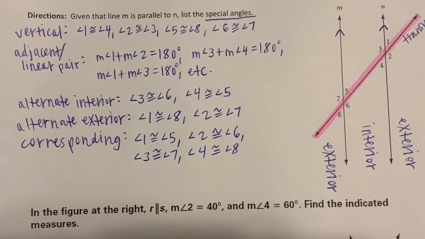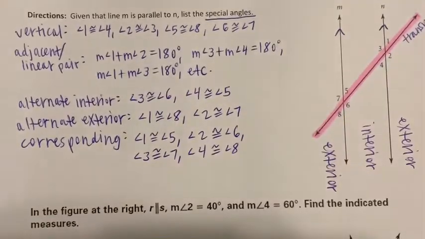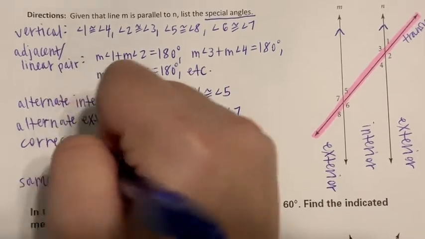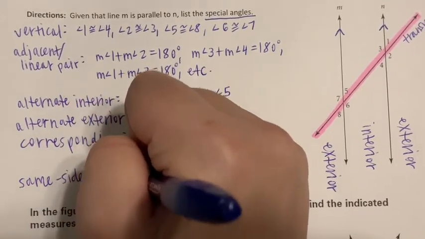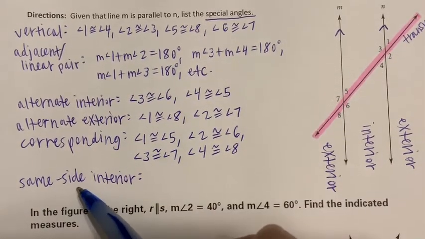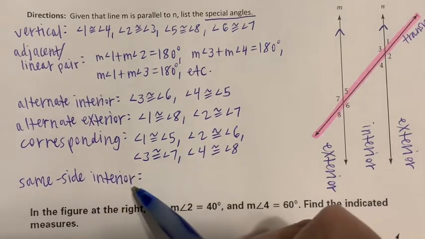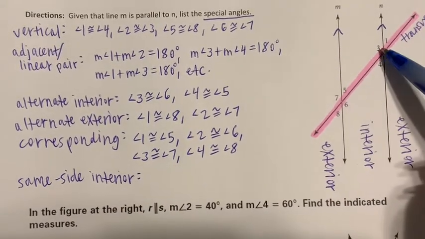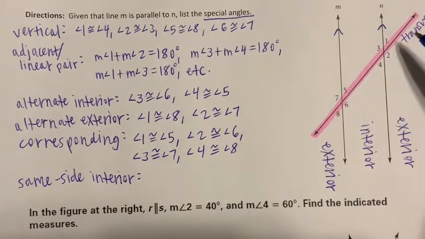And let's see, I think the very last type that I'm missing would be same side interior. These are angles that are on the same side of my pink transversal, and they're smushed in the interior region. So that would be like angles 3 and 5. But be careful, angles 3 and 5 are not congruent. You can tell just by glancing at them.